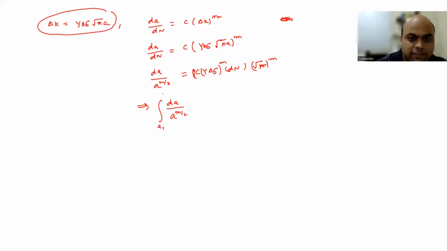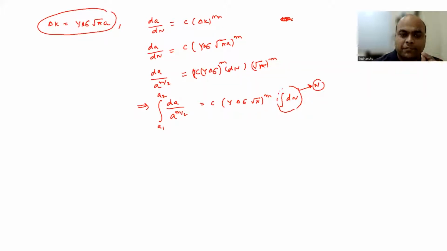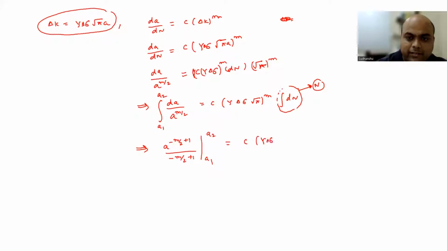It is moving from A1 to A2. Okay, so the crack is growing from A1 to A2. You have to calculate what is the total number of cycles. So we can write this as (Y delta sigma root pi) to the power M and then dN. Okay, and this N is the total number of cycles for the increment of length from A1 to A2. Okay, and then if you solve it, it will be A to the power (1 minus M by 2), divided by (1 minus M by 2), going from A1 to A2, and the right side remains like this.